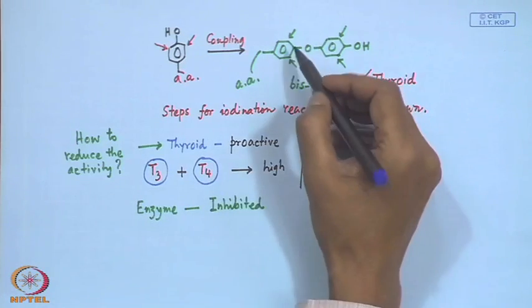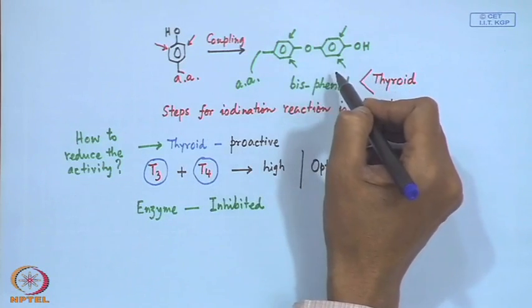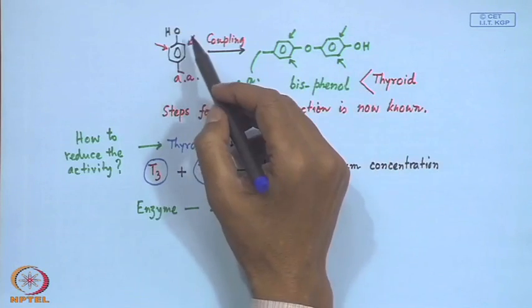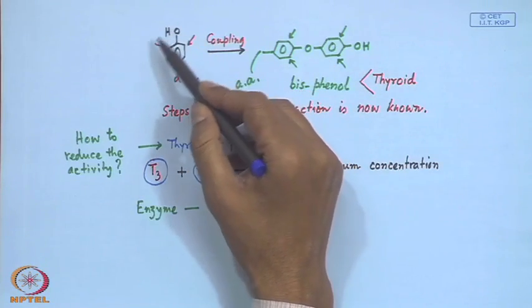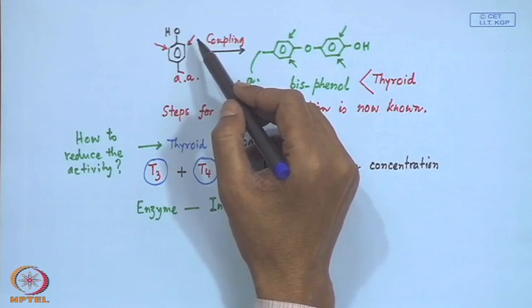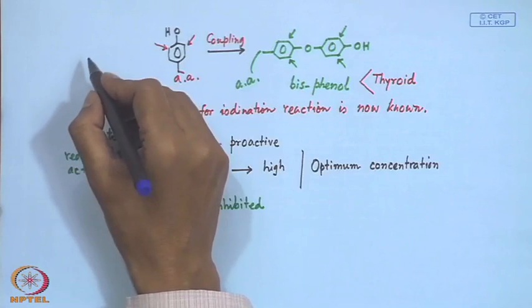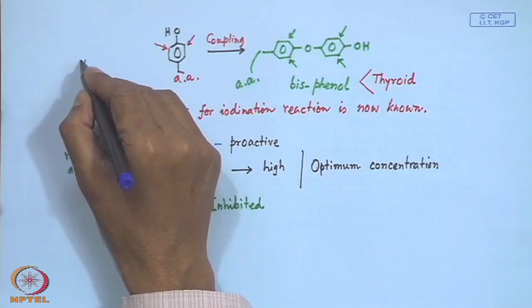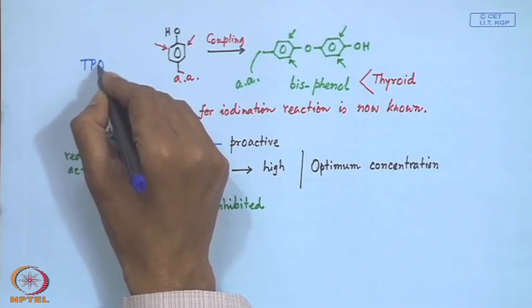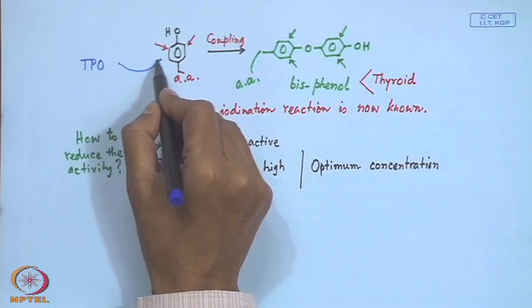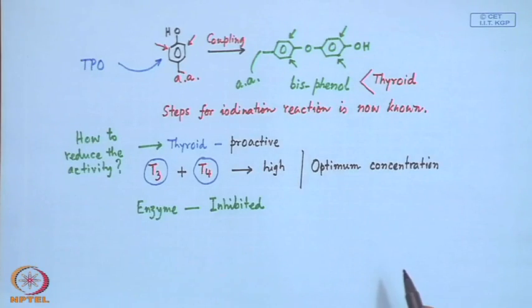For the typical iodination reaction on these 4 positions, we see that the tyrosine amino acid can be iodinated by thyroperoxidase, TPO, and this TPO is acting on the tyrosine residue.